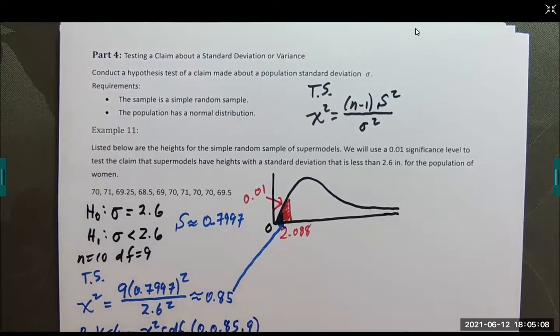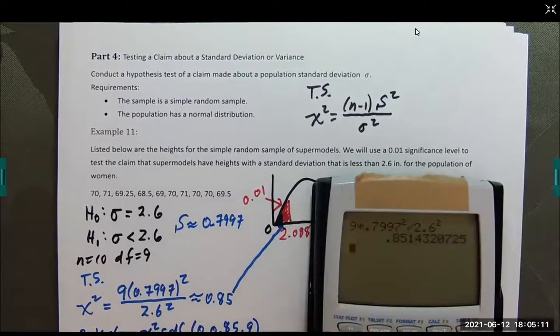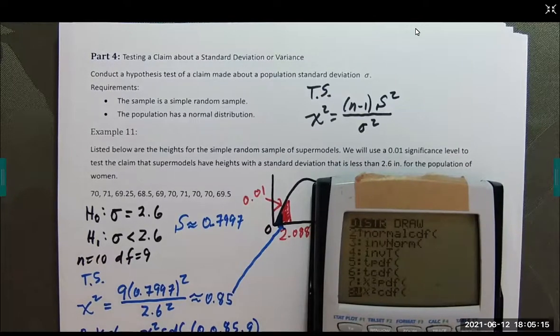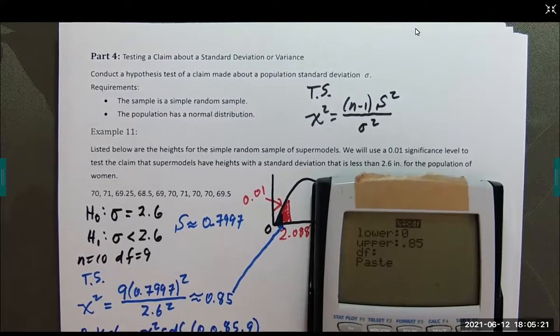Let's see what we get. So distributions, chi-squared CDF. Lower is 0. Upper is 0.85. Degrees of freedom is 9.